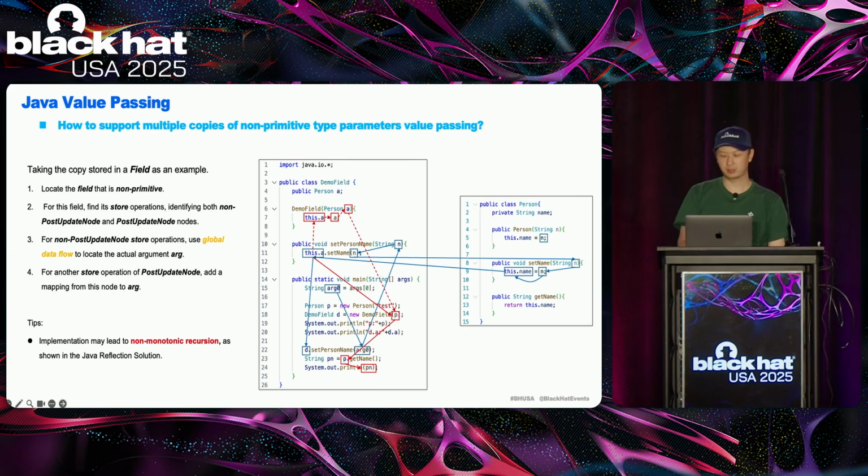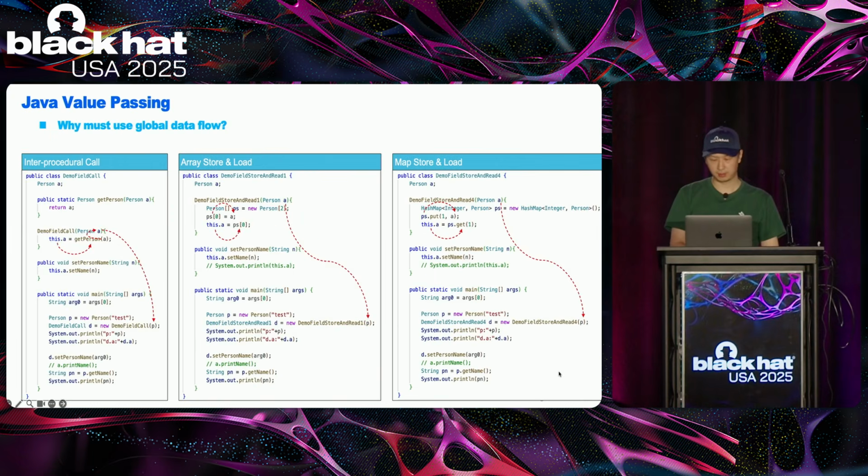And for another store operation of a post-update node, we add a mapping from this node to this node. So this is the jump step we have previously introduced. And we have to use global data flow because we might encounter scenarios like inter-procedural calls, store and load operations, and so on.